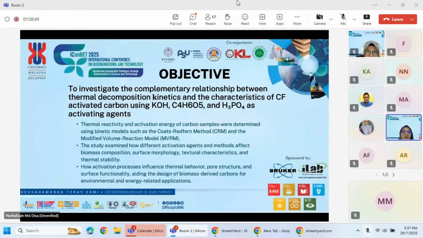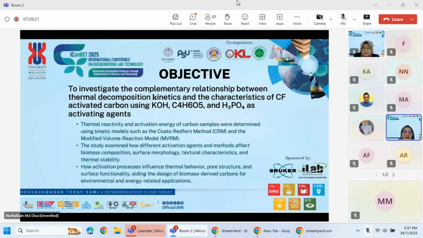I narrowed down the objective: we are focusing on thermal reactivity and activation energy of carbon samples, where we use two types of models to investigate and reconfirm the thermal reactivity. We also examine how different activation agents and methods affect biomass composition, surface morphology, textural characteristics, and thermal stability.